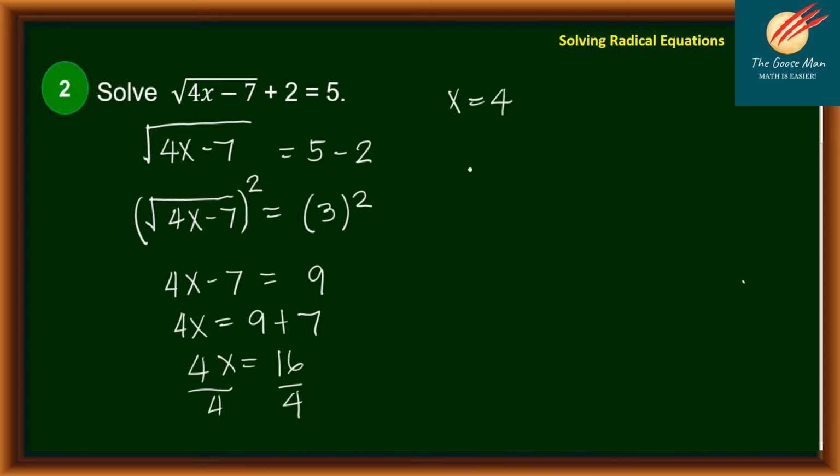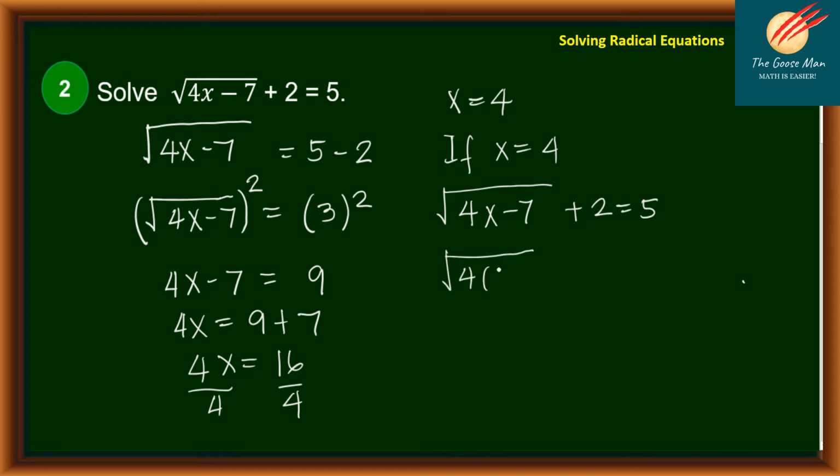Now, we would like to find out if the value of x will make the equation true. So if x is equal to 4, substitute this one to the original equation. We have square root of 4x minus 7 plus 2 is equal to 5. So again, we have the square root of 4 times 4 minus 7 plus 2, is it equal to 5? So we have square root of 16 minus 7 plus 2, is it equal to 5?